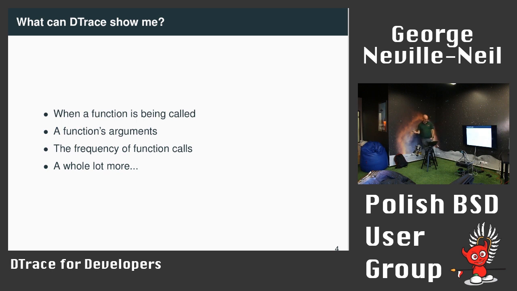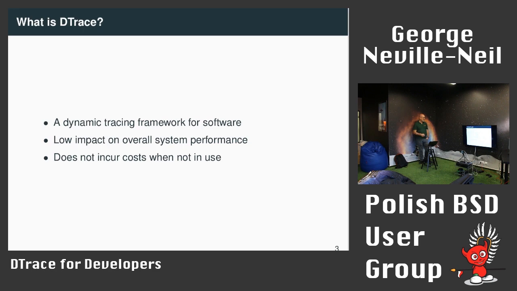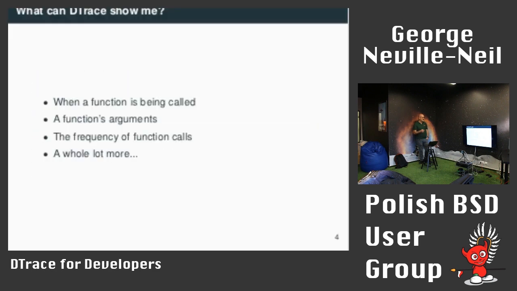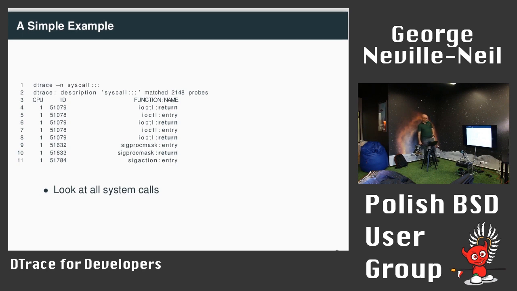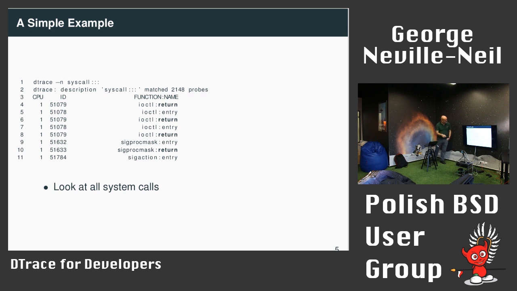So here's a quick example, and I'll explain a bit about what's going on later. On a running system, you can use DTrace to say something like, show me all of the system calls. If you can read this from the back, you'll see that when we start up DTrace, it says that there are 2,148 probes.